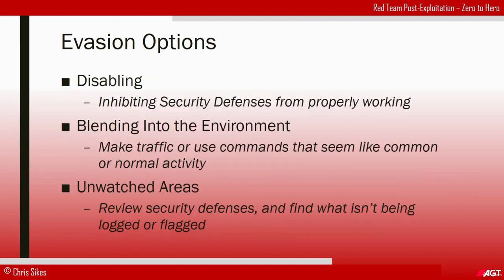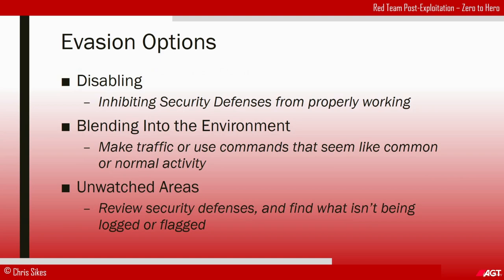You might be wondering, what are some options for you to do evasion on the target environment? It may require some knowledge of the environment you're going up against. Well, the first method is pretty straightforward: to disable any security defenses you run into.